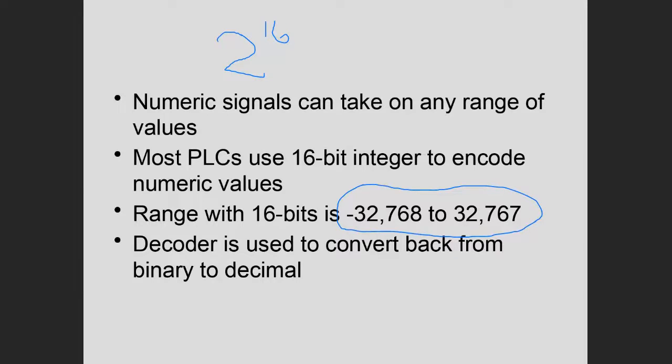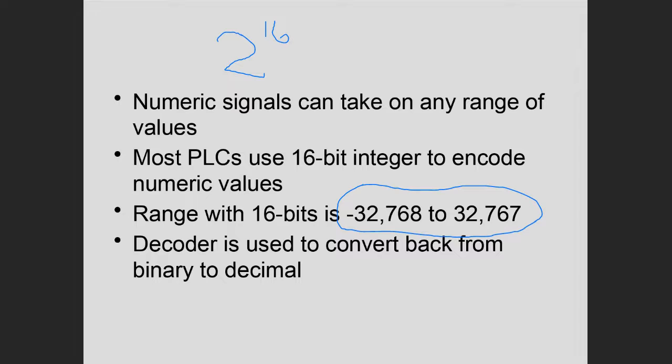And that is the maximum decimal value you can count using the particular word size. So if we have a register that's 16 bits, and we set each bit high, then the highest value I can count to is 2 to the 16th, whatever that is.